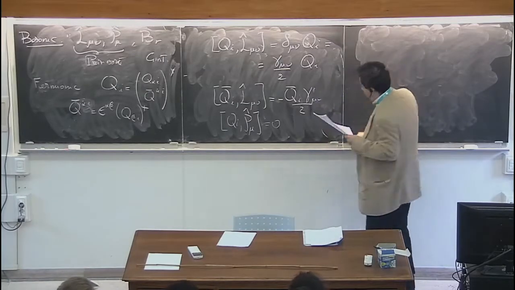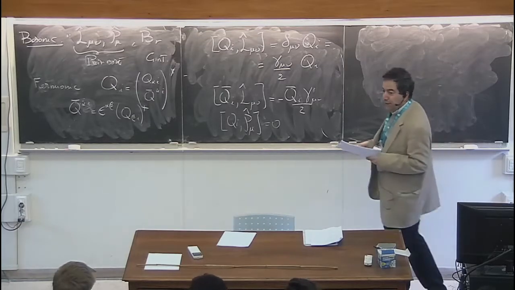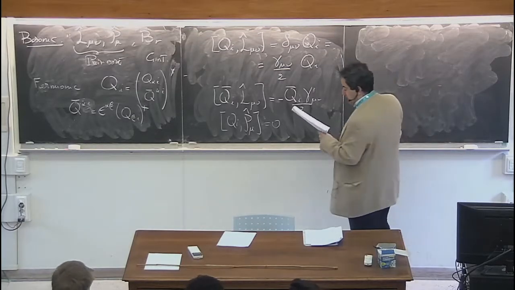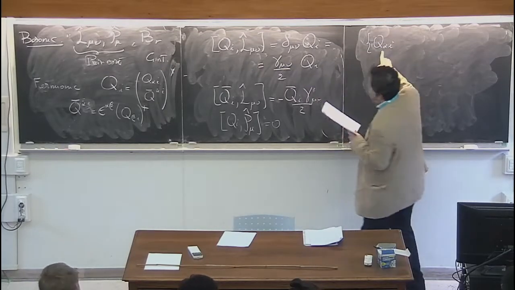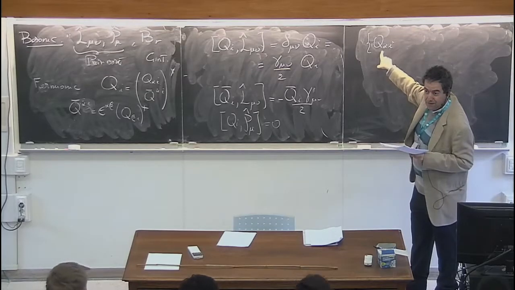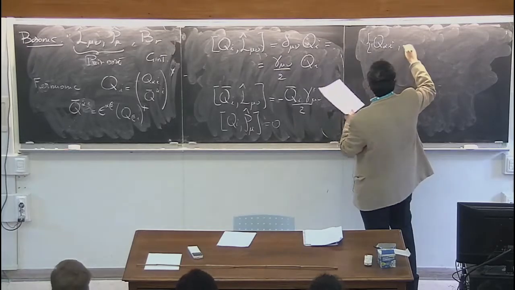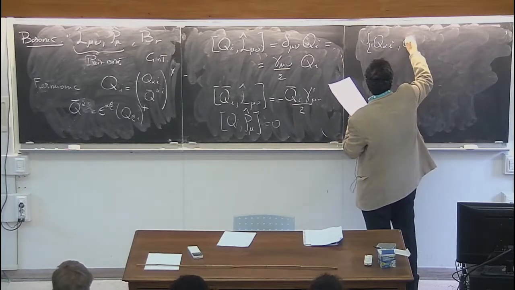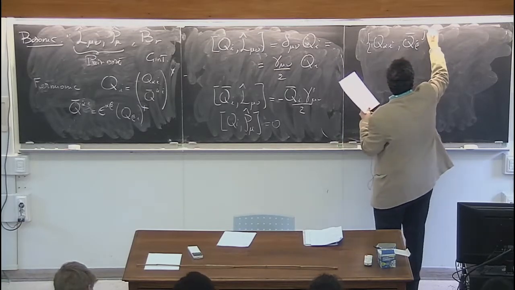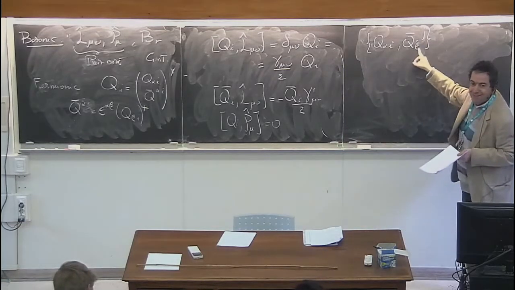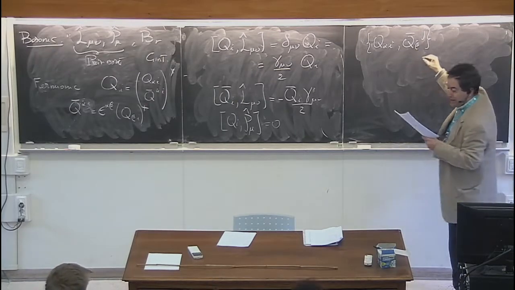Now, the less trivial part of the structure of the super Poincaré algebra is the anti-commutation relations. They have this form: Q alpha I, upper component of the spinor, upper component of the supersymmetry generator, times Q bar beta dot J. And here I've lowered beta using the epsilon symbol, northwest, southeast.